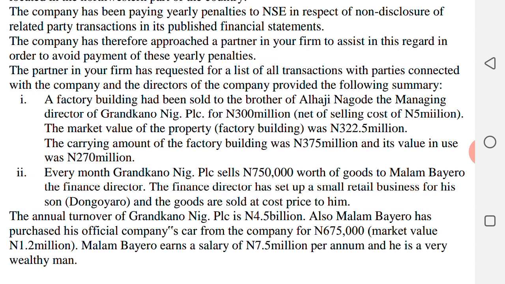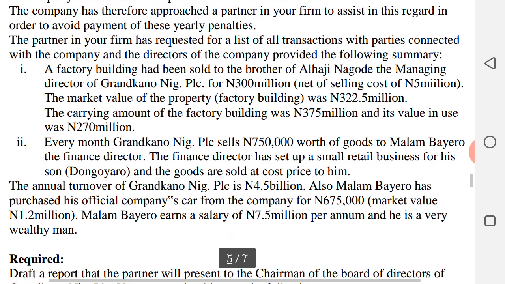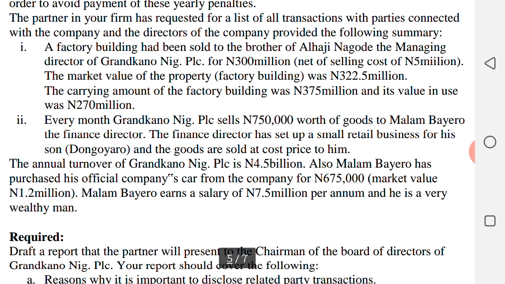So we should look at the recoverable amount according to IAS 36 impairment. What is the recoverable amount? The recoverable amount is the higher of fair value less cost to sell and value in use. The fair value, which is the market price, is 322 million 500 minus the selling cost, which is 5 million.